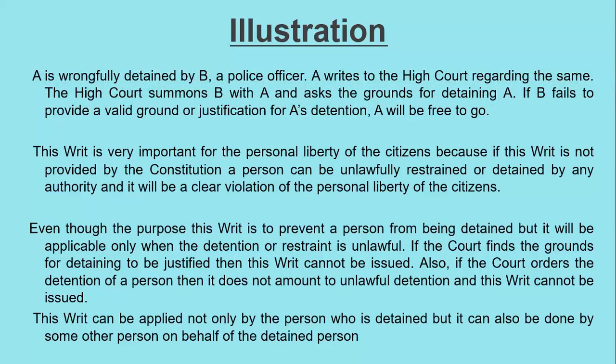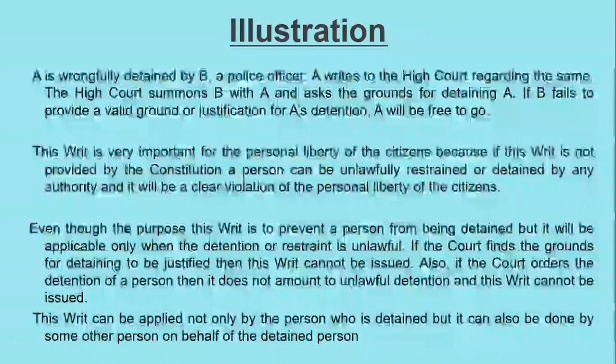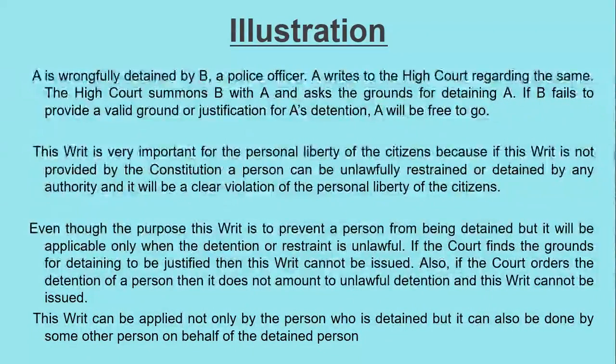And the writ is very important for the personal liberty of the citizen, because if this writ is not provided by the Constitution, a person can be unlawfully restrained or detained by any authority, and it will be a clear violation of the personal liberty of the citizen. And this writ can be applied for not only by the person who is detained, but it can also be done by some other person on behalf of the detained person, as I told you earlier.